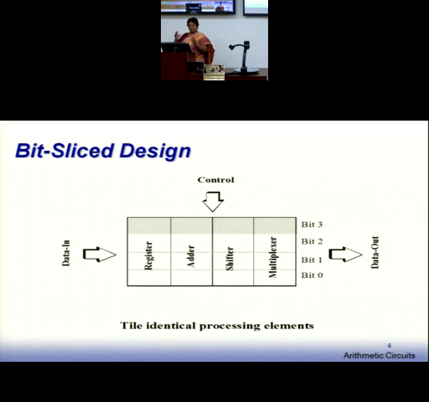Here 3 blocks are shown: adder, shifter, and multiplier. You can include in a similar way other blocks, and all these things can also be included. They will be arranged in a similar horizontal fashion. Naturally all the layouts and interconnections would be carried out from left to right, and all the control signals moving from top to bottom.